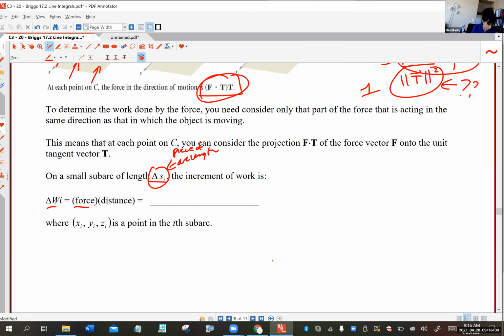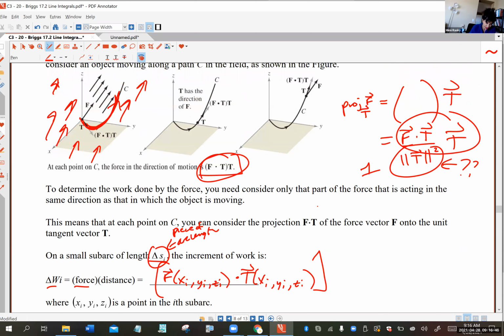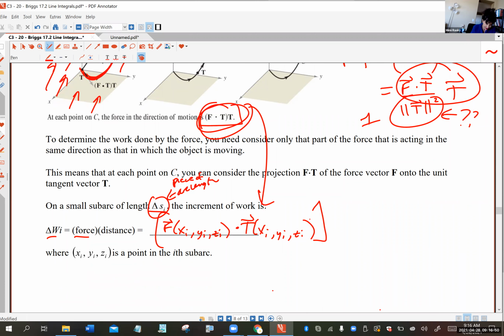You're going to have some F at that point, x sub i, y sub i, z sub i, an arbitrary point, dot product with the unit tangent vector evaluated at that same point. So this is your force. You're basically stealing it from here. And then you multiply that by the distance, the little piece of arc length. This point is on your ith subarc.